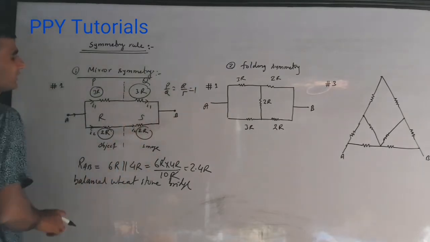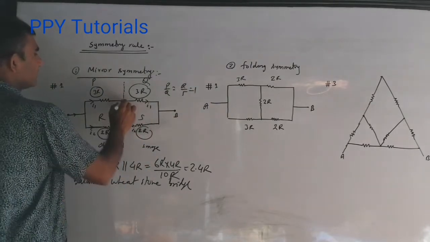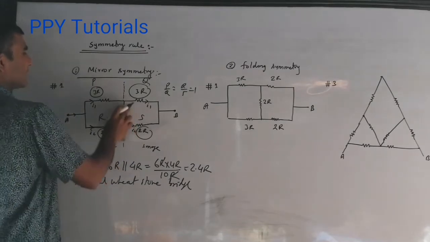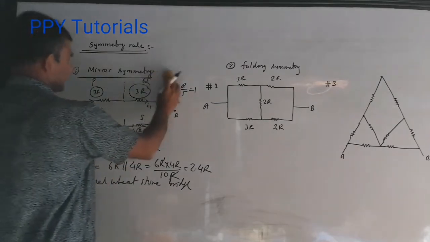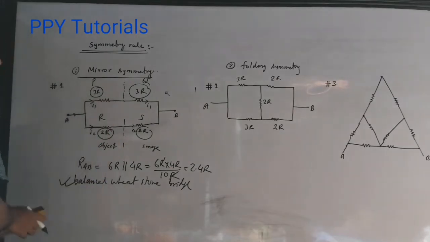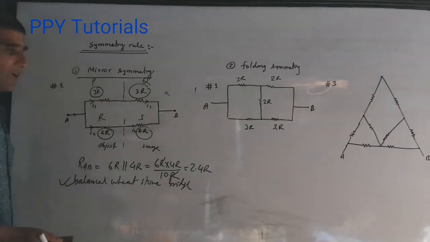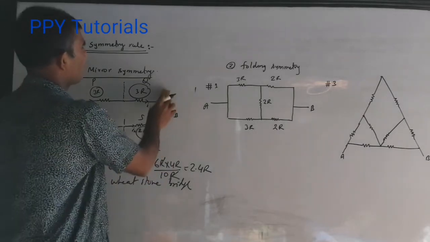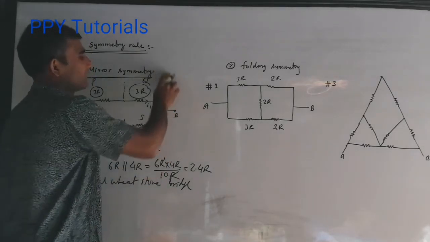Then this is a balanced bridge, and in that case there is no use of the middle resistance, you can remove it and you will get the same thing. So you can even use this technique if it is balanced. If it is not balanced, then I have told you that I will teach you. Last time I had given you one problem also, you will solve it and you will tell me.